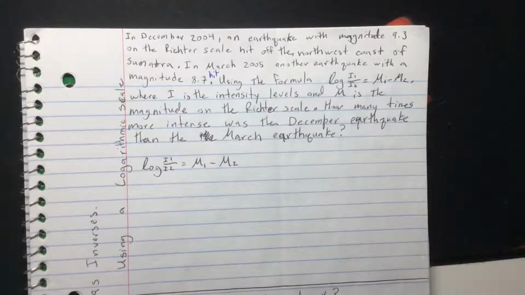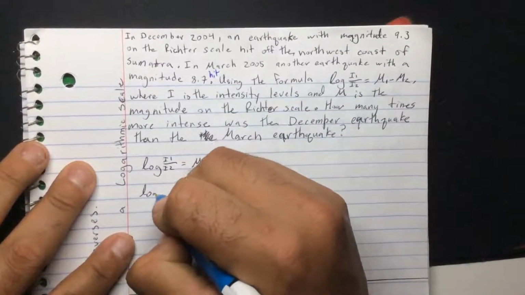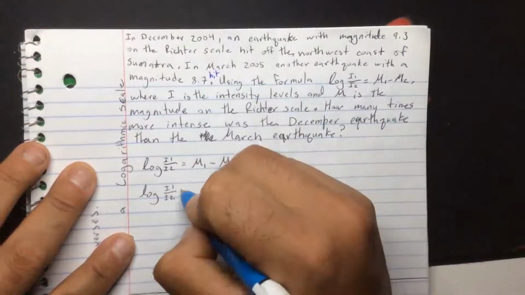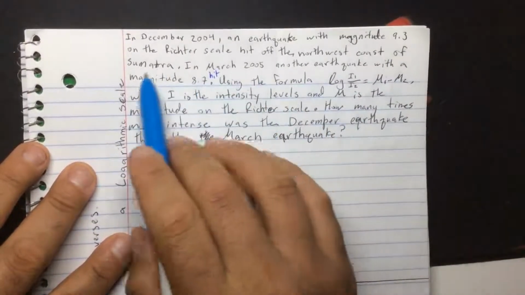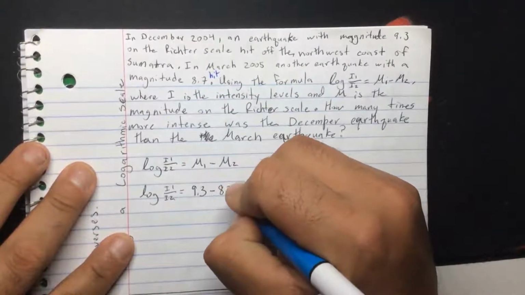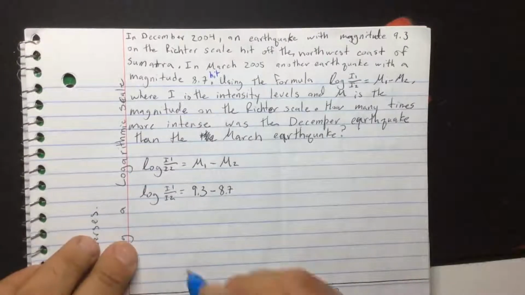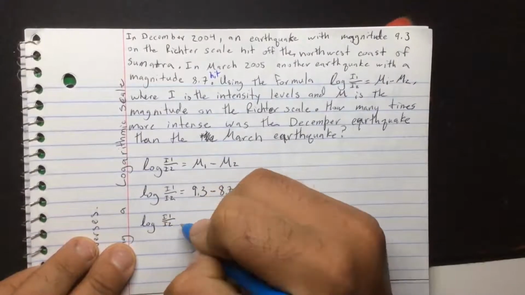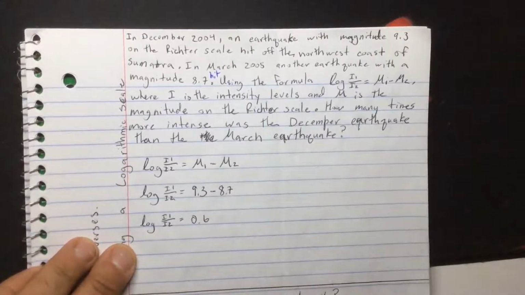Our first magnitude is 9.3, and our second one is 8.7. Now we can do the subtraction. We have log of intensity 1 over intensity 2 is equal to 0.6.